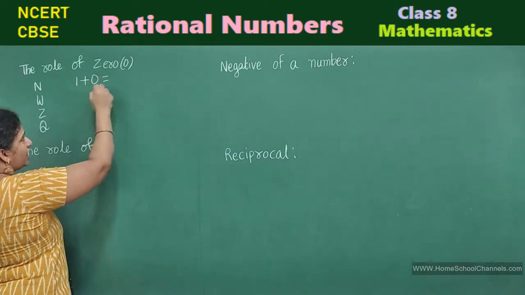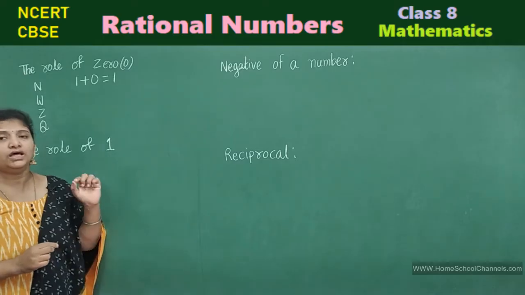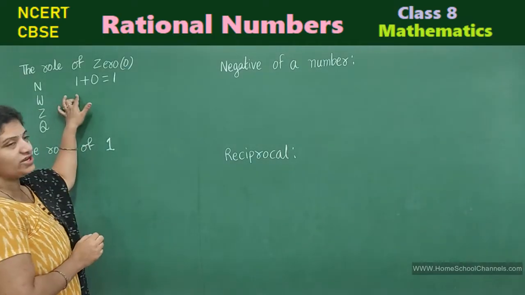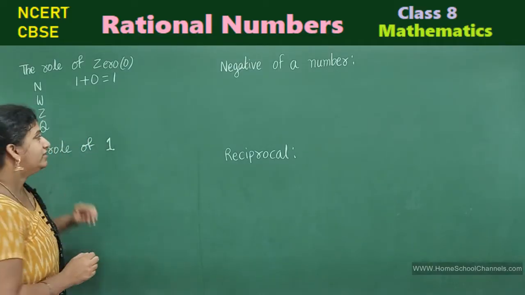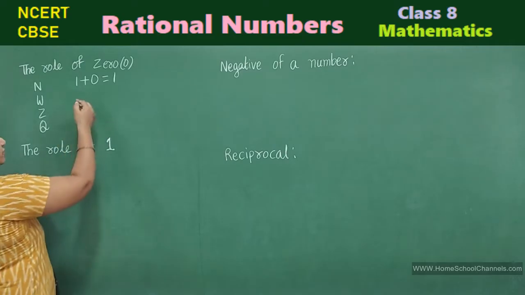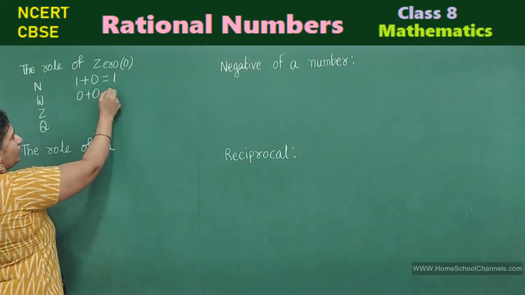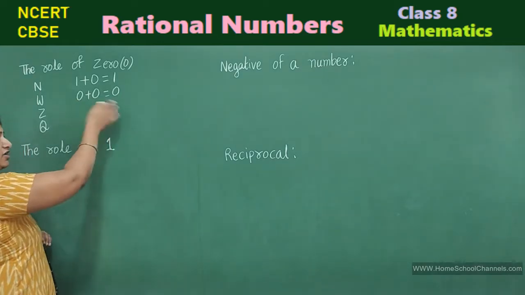What is the result you are going to get? 1 plus 0 is 1. Role of 0: if 0 is added to any natural number, we get the same natural number. Right? Whole numbers. If you want, you can take 0 only. 0 plus 0 will be 0. Yes? Same 0 you are going to get.